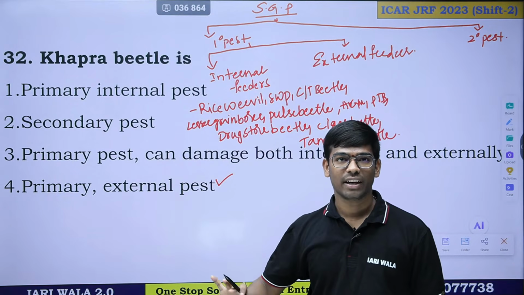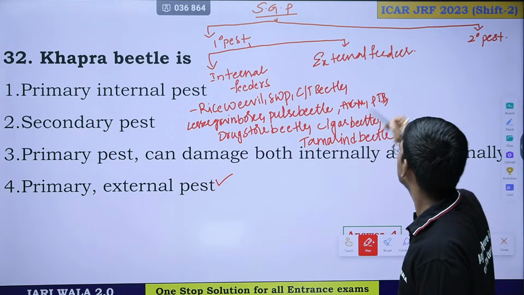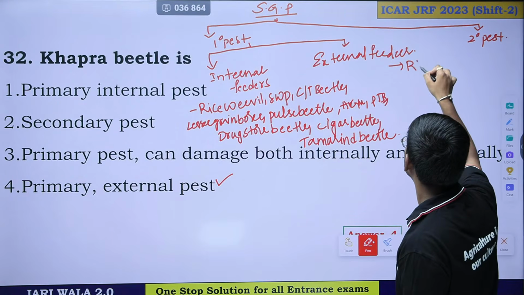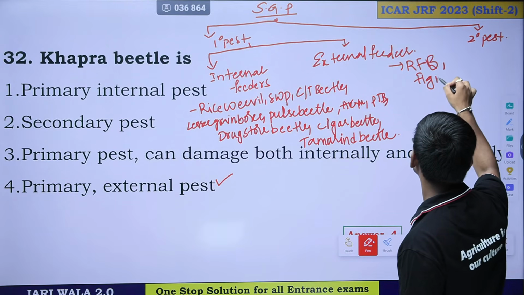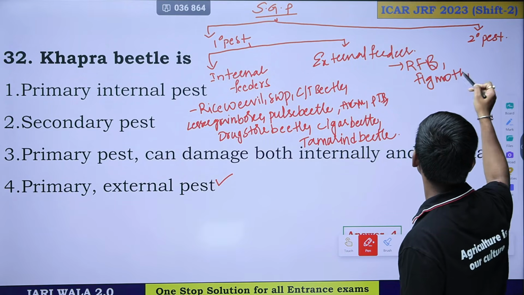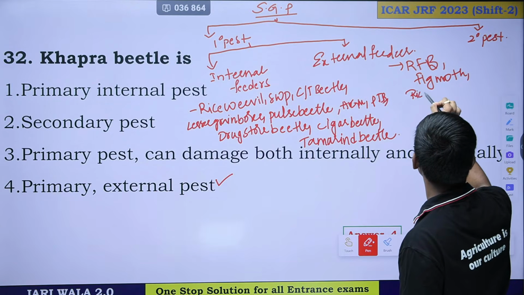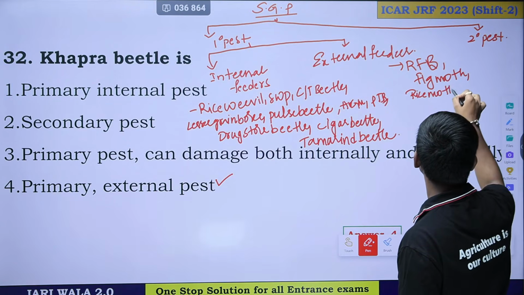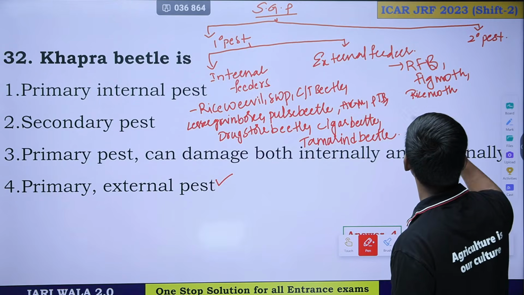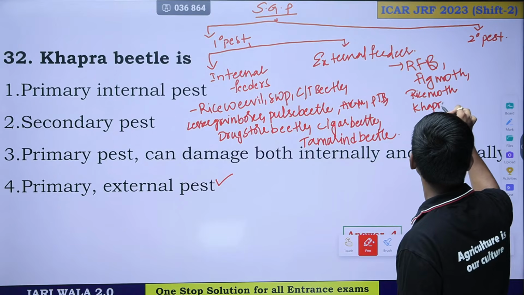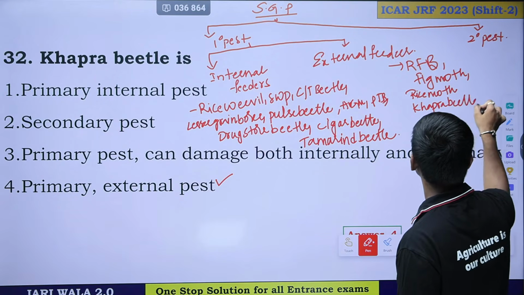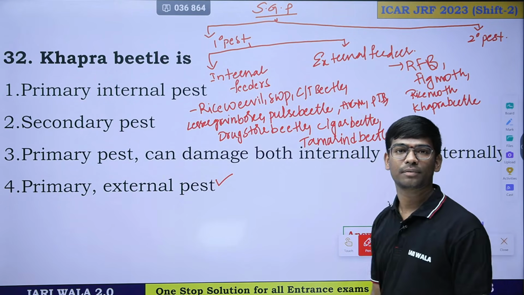Now we will classify the external feeders. One is red flour beetle. Then fig moth we will have. Then rice moth we will have. Then what do we have? Khapra beetle we have. Then any other?